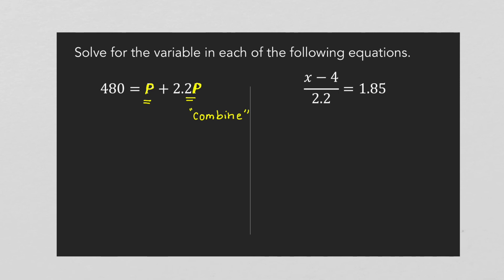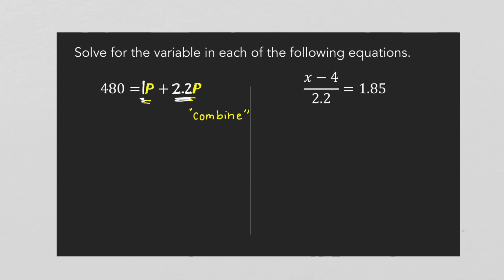What am I talking about? What's a coefficient? The coefficient is the number in front of the variable p. So 2.2 is the coefficient on the second term. And what about on the first term? It's missing a 1 in front, right? It's understood. When I say p, I mean 1p. So the coefficients are 1 and 2.2.